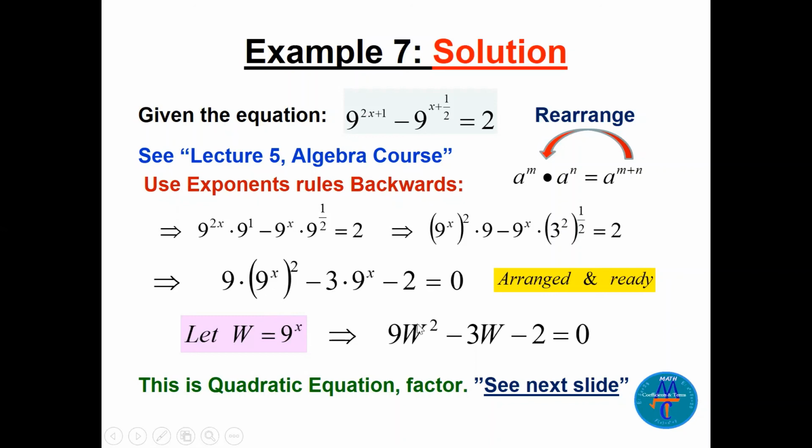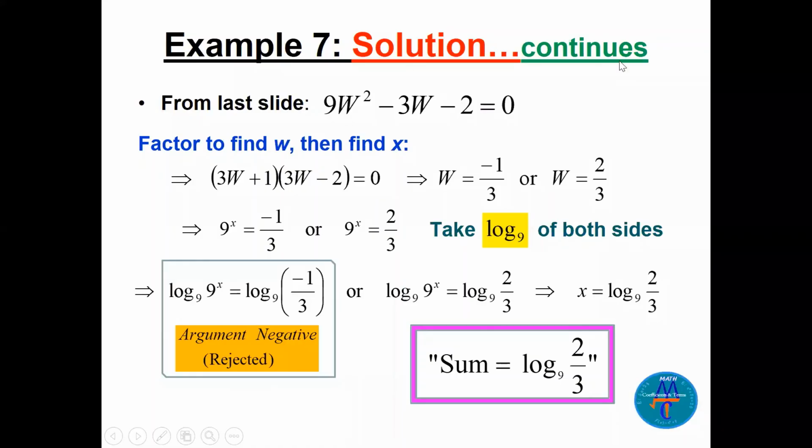So 9w squared minus 3w minus 2 is equal to 0. So we factor the equation here. 3w plus 1 times 3w minus 2. So we take the first factor is equal to 0. w will be minus 1/3, or w will be 2 over 3.